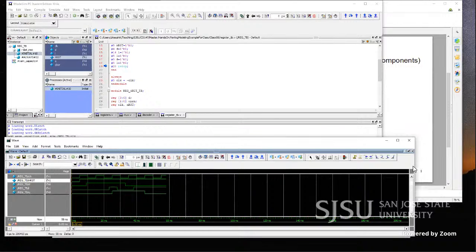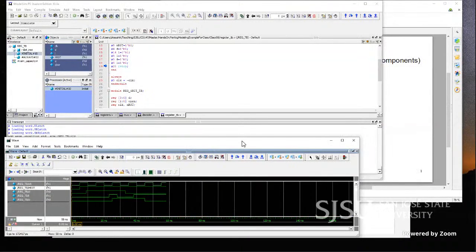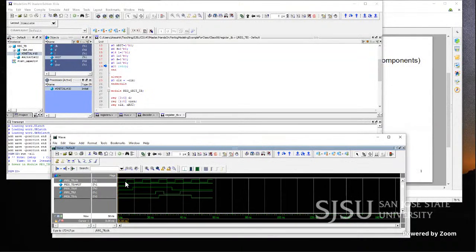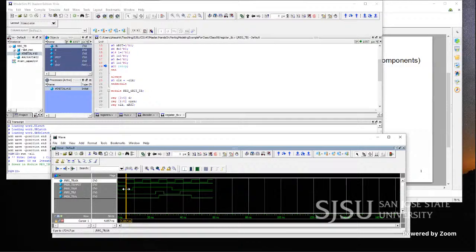Okay, now you see at this time point, we came out from the reset state to the normal operation state with a D0, I0, that's fine. At this time point, we made D to 1, but the load signal we kept to 0.